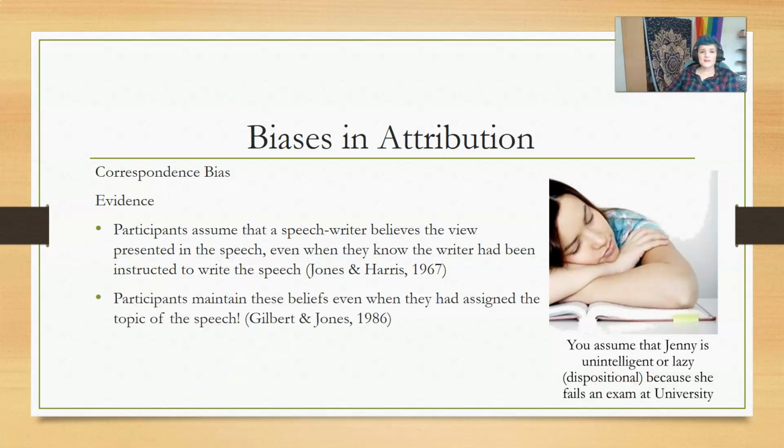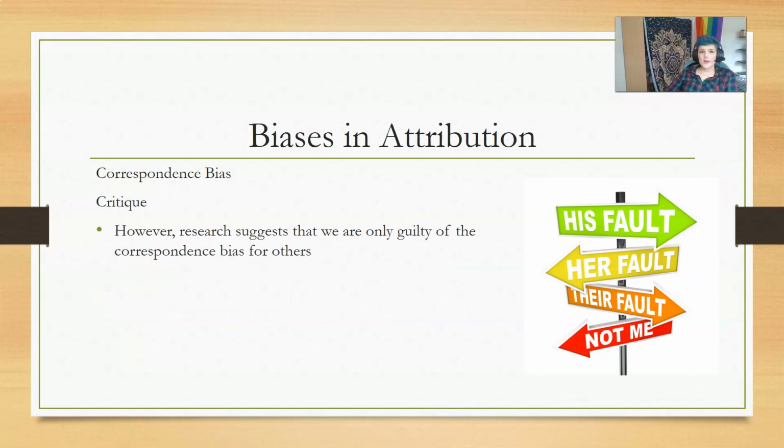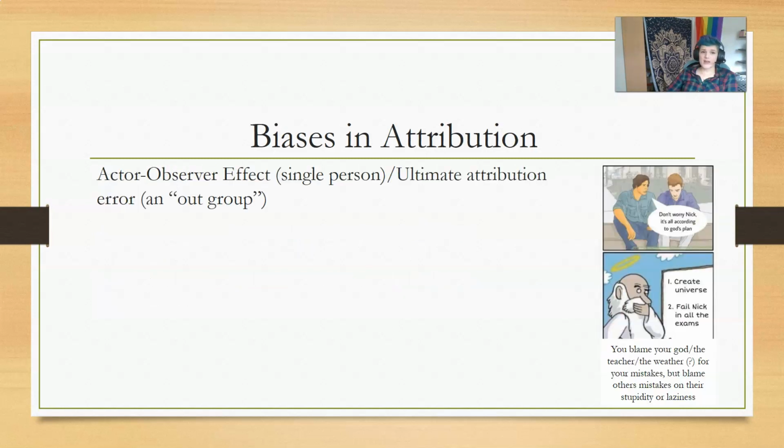Research also found that participants maintain these beliefs even when they found out that the speaker had been assigned the topic of the speech. However, critique for the correspondence bias comes from research that suggests that we are only guilty of the correspondence bias for others. When considering ourselves, we rely on situational explanations.